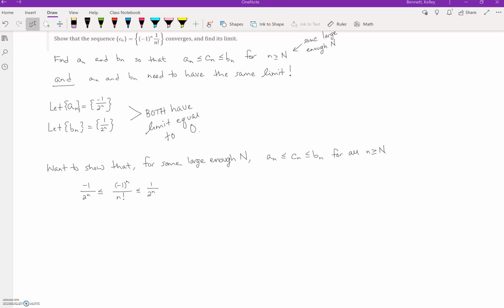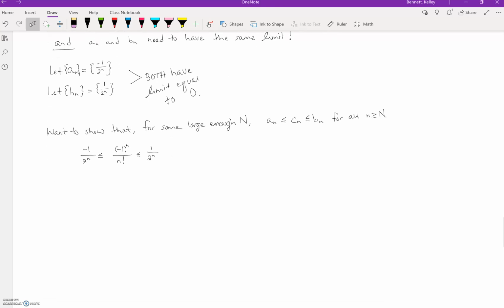All right, so now we just have to show that this inequality holds for some large enough n, right? So we'll see here in a little bit what n's gonna be, but you have to get a little bit creative.